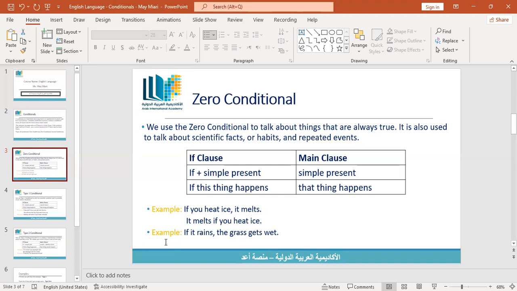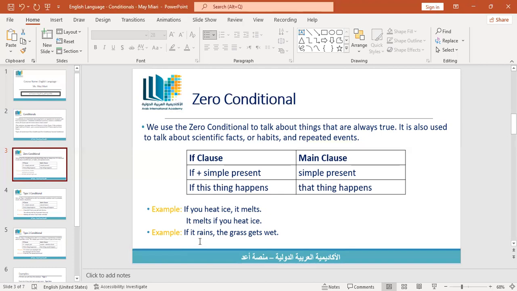For the second example, if it rains, the grass gets wet. This is true. That's why we used the simple present in both clauses. We used the zero conditional one. So in the if clause, which is if it rains, we use the simple present.